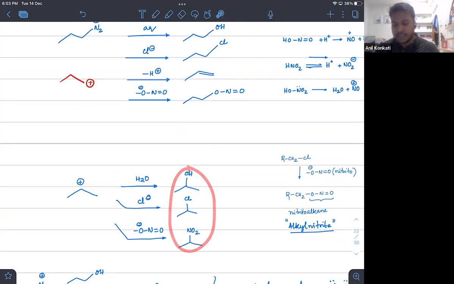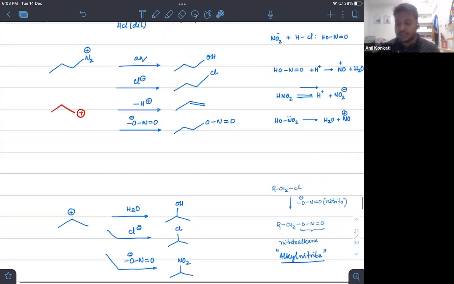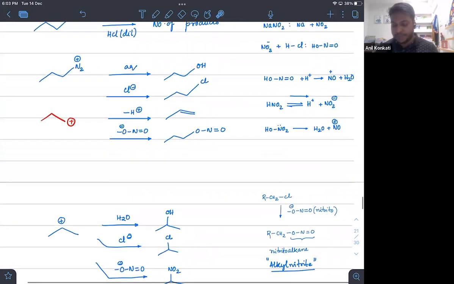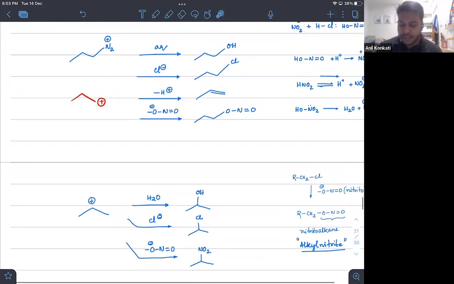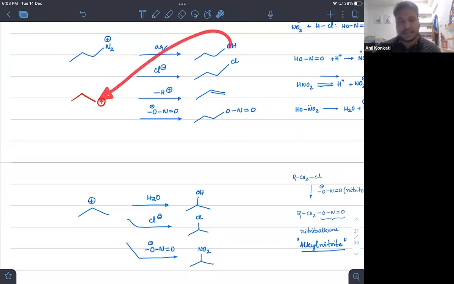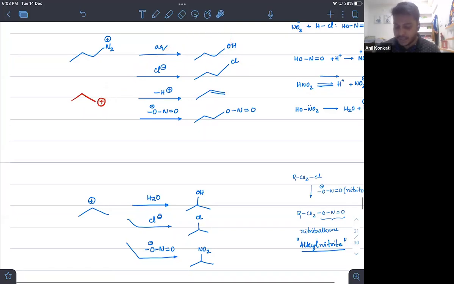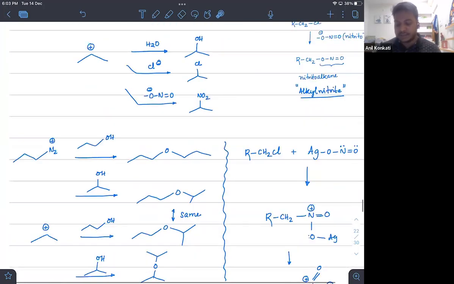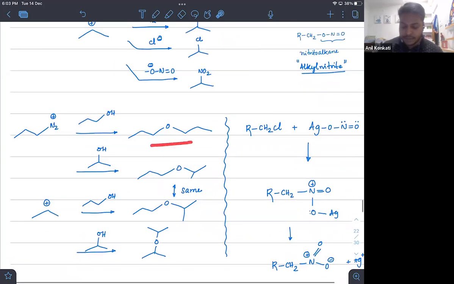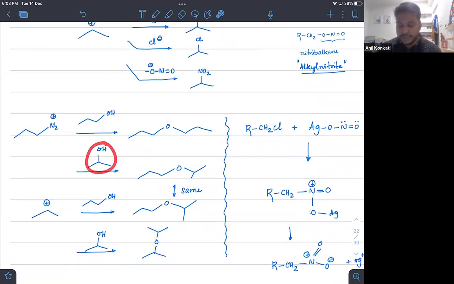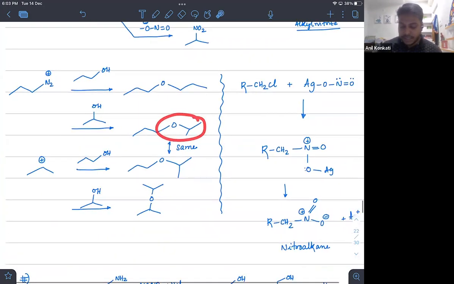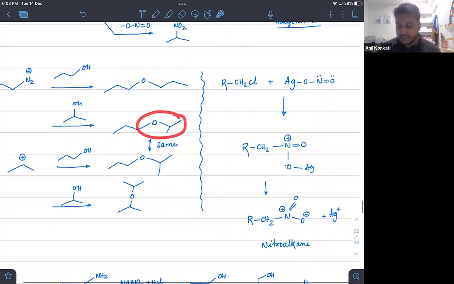Now, what are the other forms we can expect? This alcohol can again attack here and give an ether. This alcohol can also react with the secondary alcohol to give this one, or secondary and secondary can react with each other to give this ether.